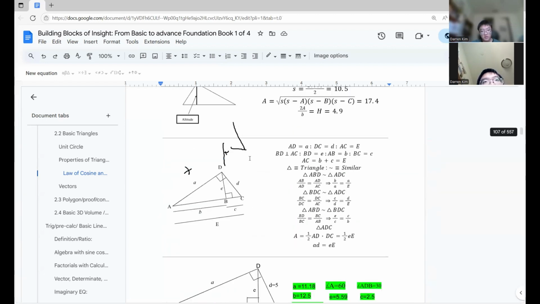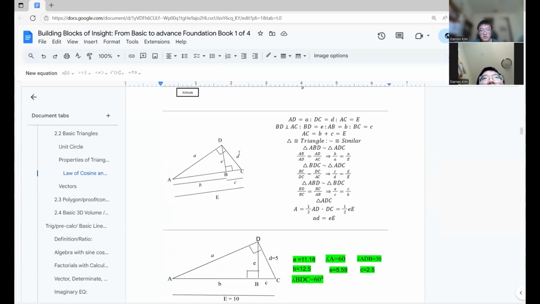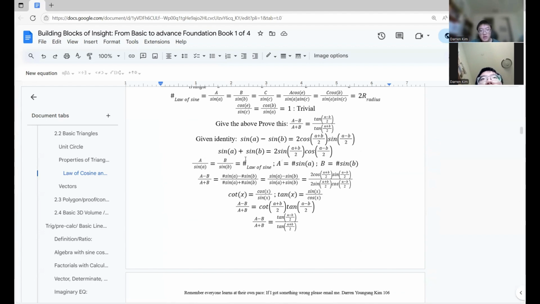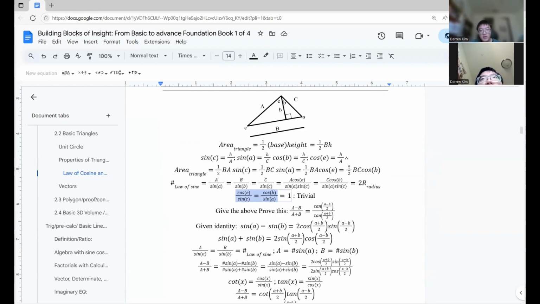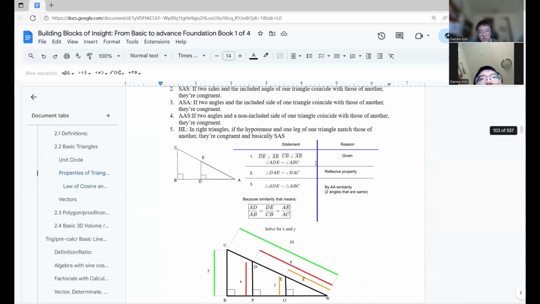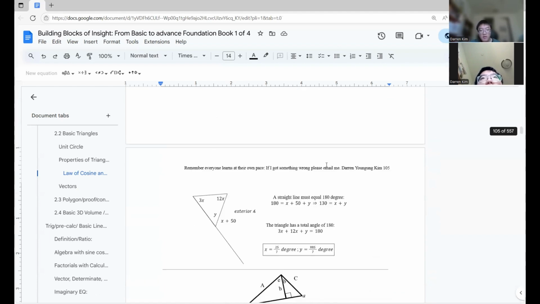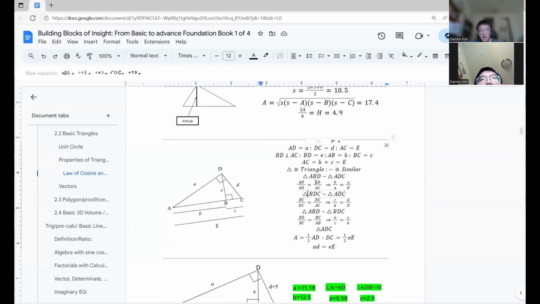So did I ever explain this? Yeah, no, law of sine and law of cosine. There's a trivial solution over here that explains that. If you look carefully, that trivial explanation was the reason why it works, and why I explained it over here also.